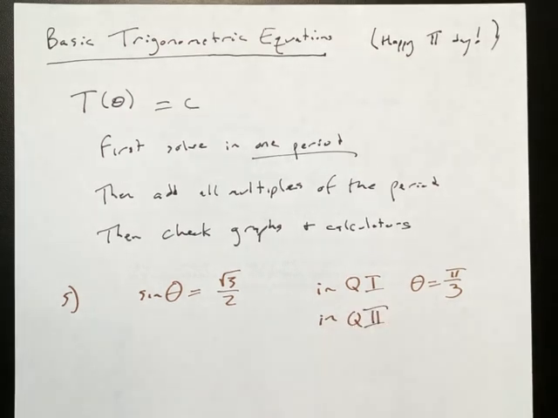What's the angle in quadrant 2? It's the one whose reference angle is pi over 3. Say again? 3 pi over 6. 3 pi over 6 is the same as pi over 2. Yeah, 5 pi over 3 is in the fourth quadrant, not the second quadrant.